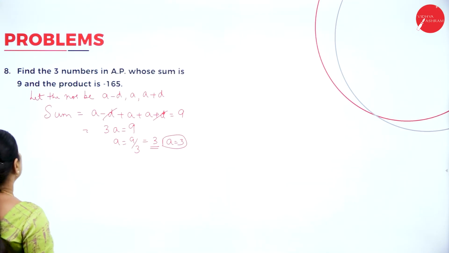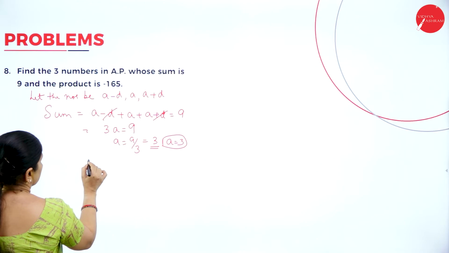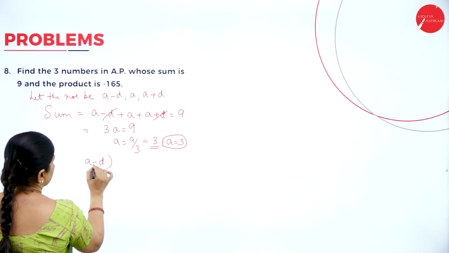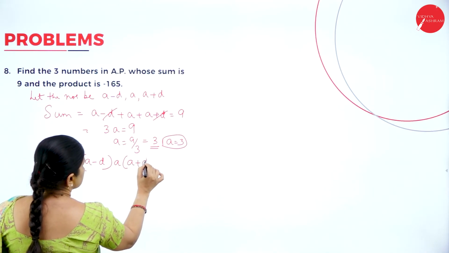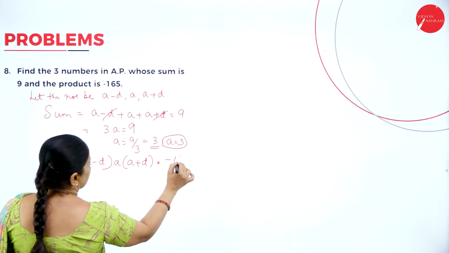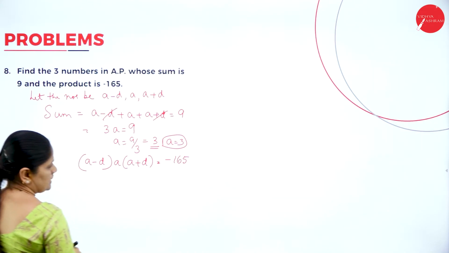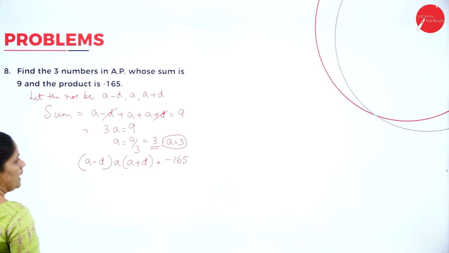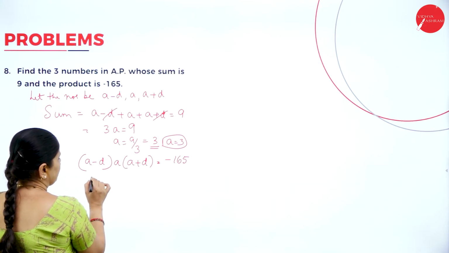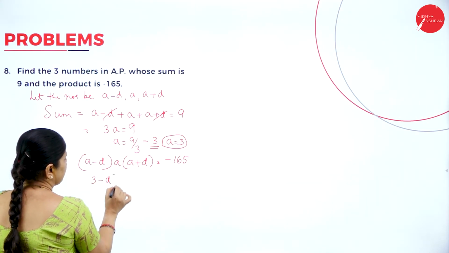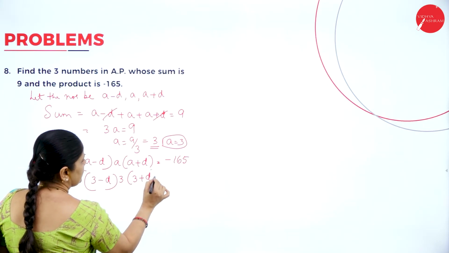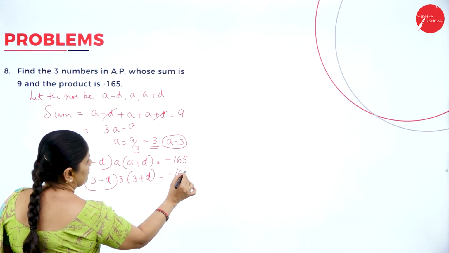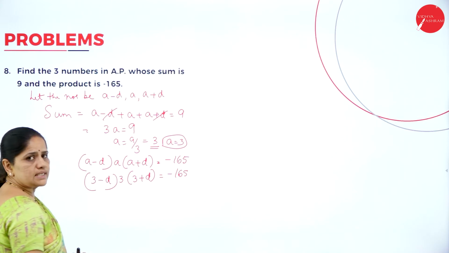Now, they have given one more piece of information: A minus D into A into A plus D equals minus 165. Now, I will simplify this. Instead of A, I will write 3. 3 minus D into 3 plus D equals minus 165.